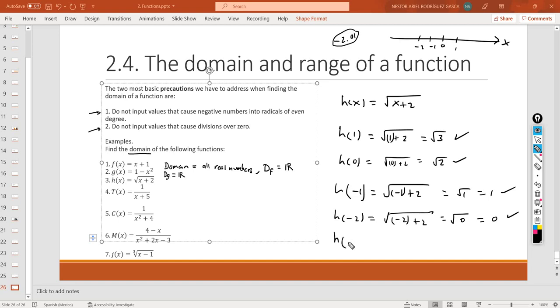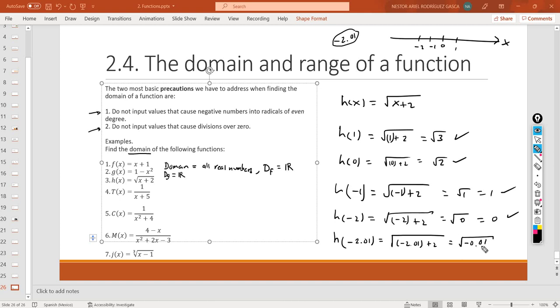Why? Because if I give this value, I'm going to get minus 2.01 plus 2, which is equal to minus 0.01. And that's the problem.